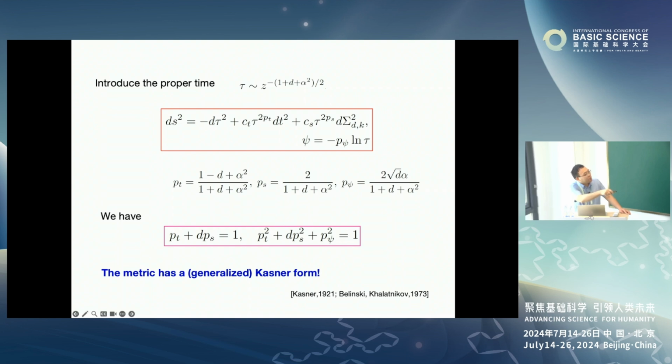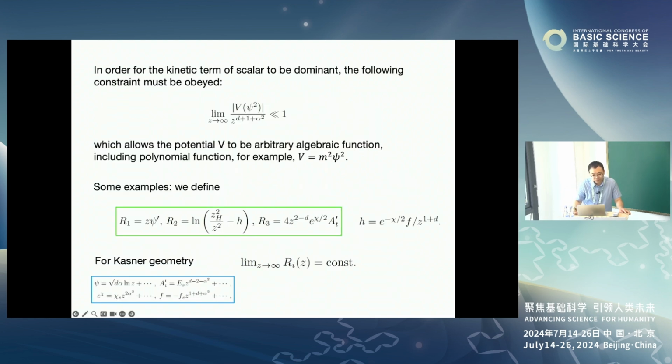And if we introduce the proper time, the solution has a very simple form, like this. The components pt, ps, and p psi are given by expressions that depend on the spacetime dimension and one parameter called alpha. They satisfy this condition, which is nothing but the generalized Kasner condition, the Kasner universe.